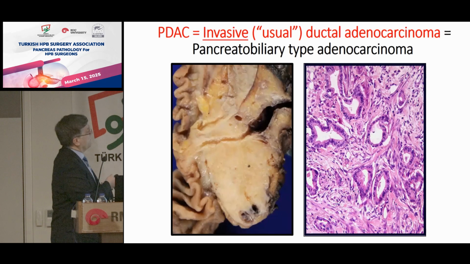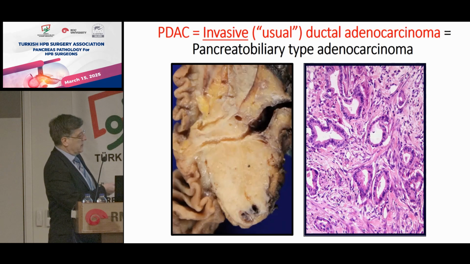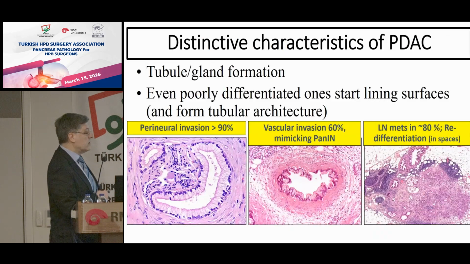I mentioned earlier, invasive ductal adenocarcinoma, what we call PDAC, pancreatic ductal adenocarcinoma, is in the spectrum of pancreatobiliary type adenocarcinomas, which are characterized by tubule formation, these glandular structures with some mucin in them, if you do mucin stains, and desmoplastic stroma leading to the scirrhous appearance.